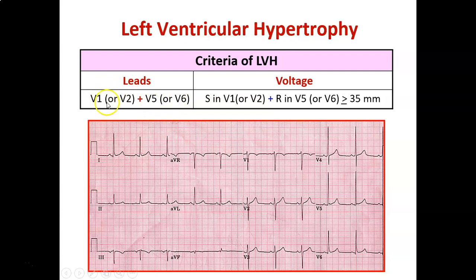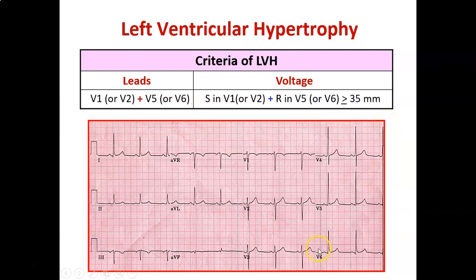So you will look at the voltage of S in V1 or V2, whichever is the deepest, plus R in V5 or V6, whichever is the highest. If you combine these two leads, and the QRS complexes are more than 35 mm, meaning more than 7 big boxes or 35 small boxes, this will be left ventricular hypertrophy.